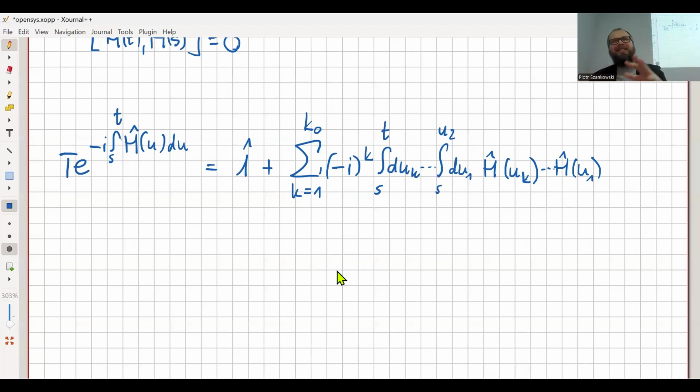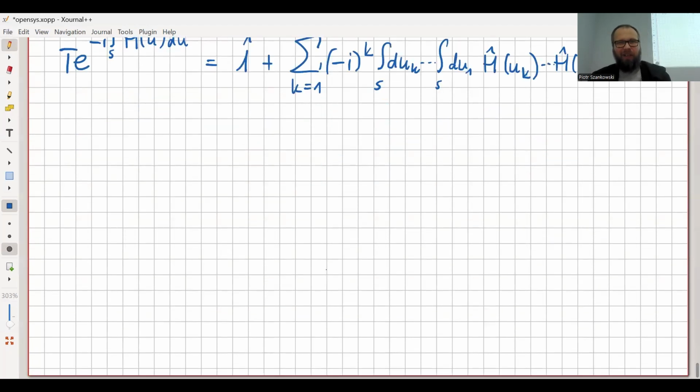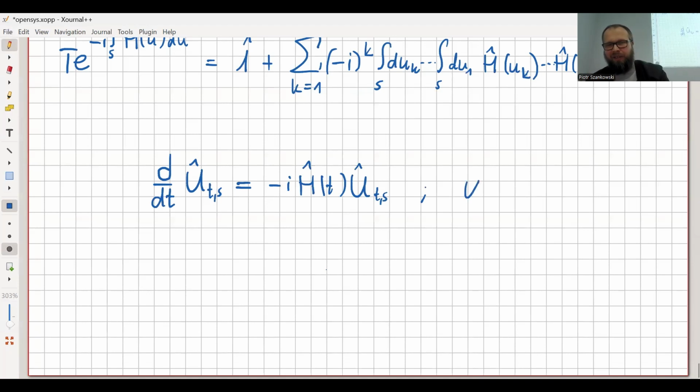And in quantum mechanics, of course, we also have our dynamical equation, the Schrödinger equation, or a dynamical equation for evolution operators. So if your Hamiltonian is not constant or diagonalization is unfeasible for technical reasons, you have to resort to numerical integration of your dynamical equation, with some initial condition, let's say U(s,s) is 1.